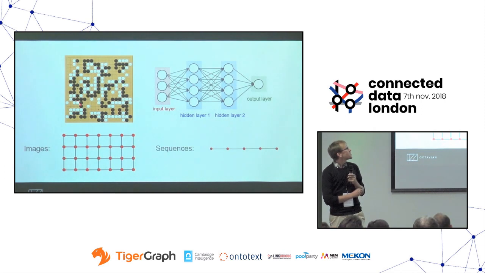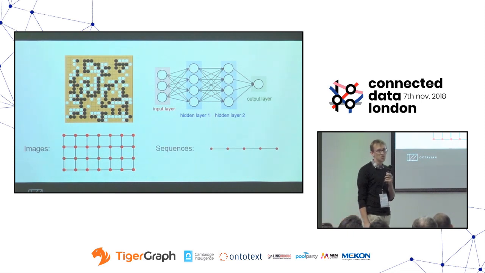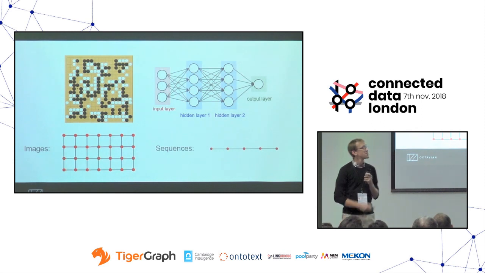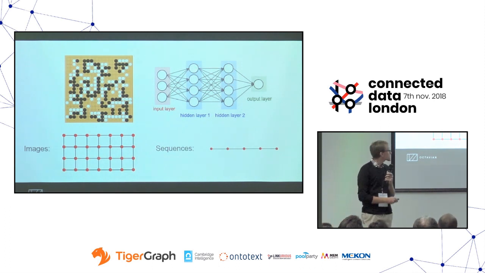Okay, what about Go? So Go is even simpler in one way, more complex in another. In Go, every position on the board is equally relevant to every other position on the board. So this dense model works really well for Go, because a move that you make here might have some effect on this square over here. And so saying that this position and this position might have the same weighting on our intermediate state is ideal.